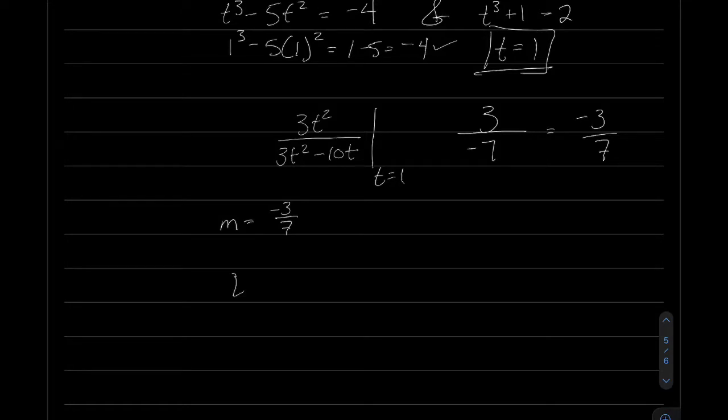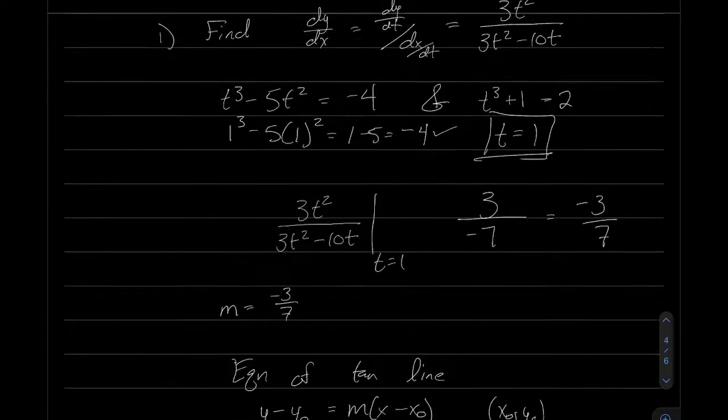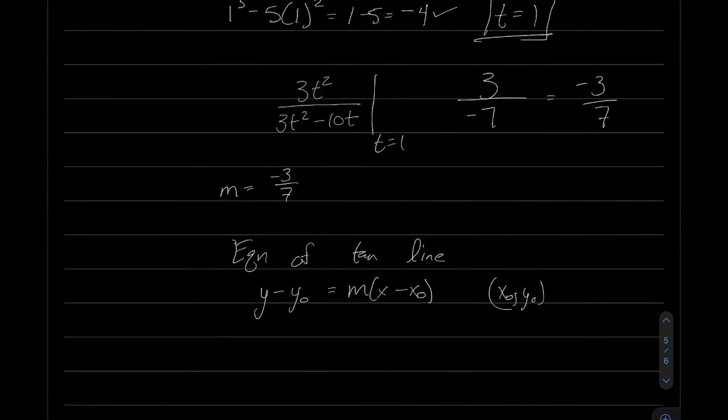So now we just have to find the equation of the tangent line, which is y minus y naught is equal to m times x minus x naught. And here, x naught, y naught is going to be equal to our point, -4, 2.